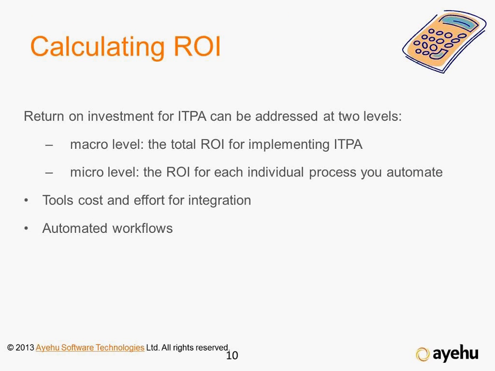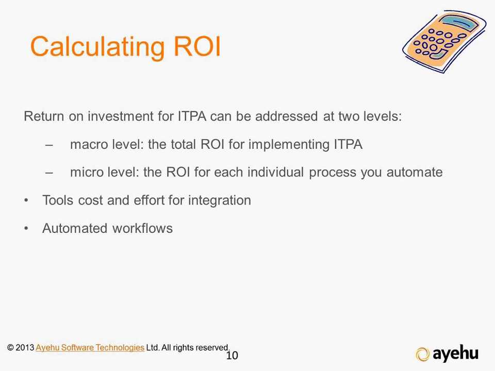As I mentioned, there's a process for calculating ROI, and the return on investment for implementing IT process automation is determined on 2 levels. The macro level, which is the total ROI for IT process automation, and the micro level, which is determining ROI for every individual process you automate.